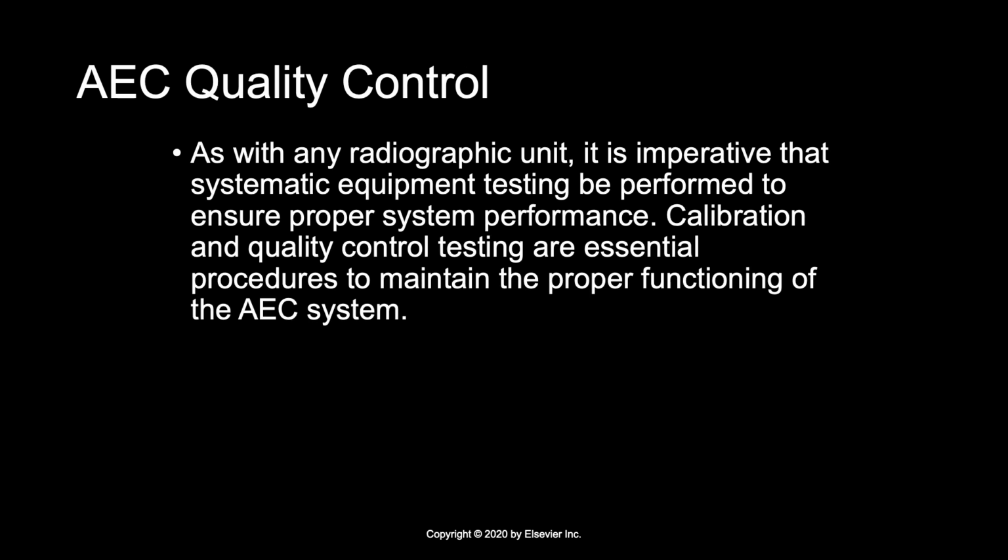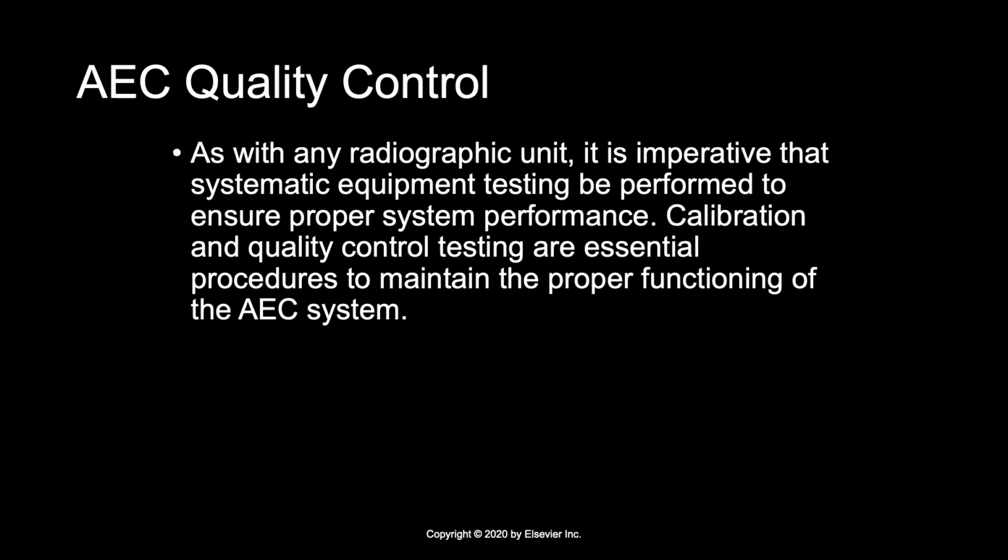Anytime you're using any kind of machines, we have to make sure that we have quality control and we're providing proper maintenance for them. So just like every morning you come in and you do a tube warm up, to make sure that the heat units are at a certain percentage, make sure the tube is warm. That will protect the tube from cracking, right? So same thing with the AEC, we have to have quality control with that too.